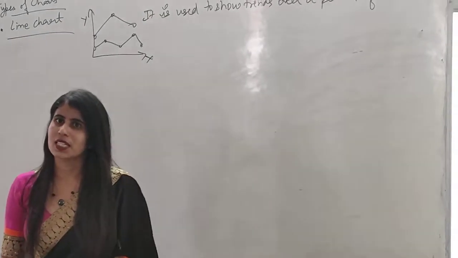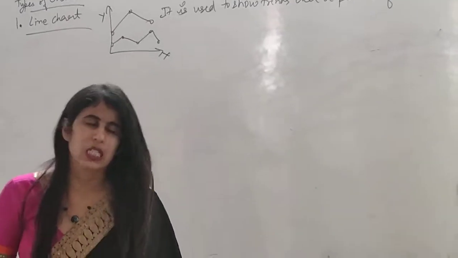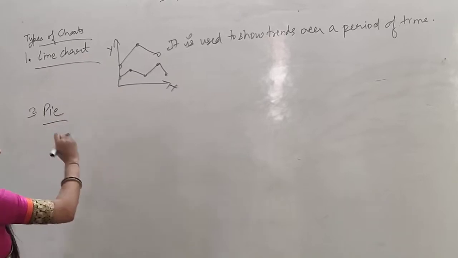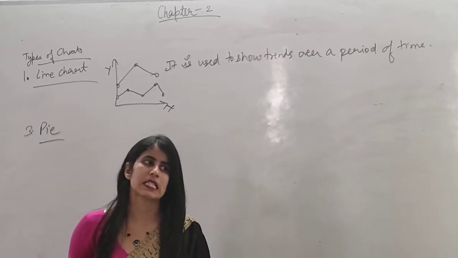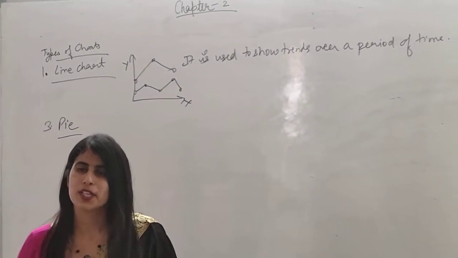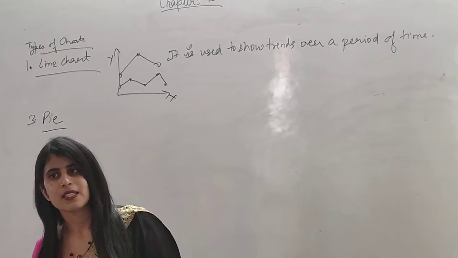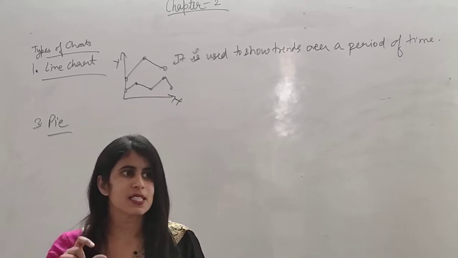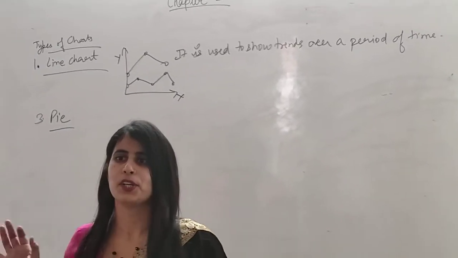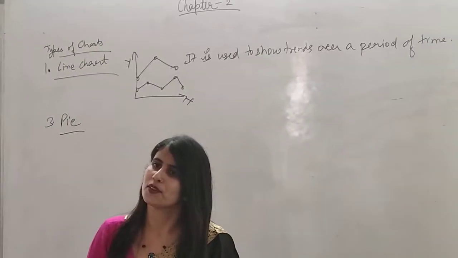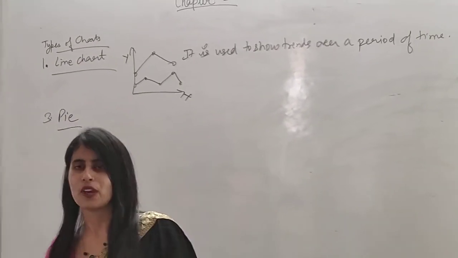The next one is pie chart. Third chart is pie chart. What is pie chart? Pie chart is a kind of chart that uses a circle to represent the data. In this circle, it is divided into sectors and each sector shows the relative size of each of the values.